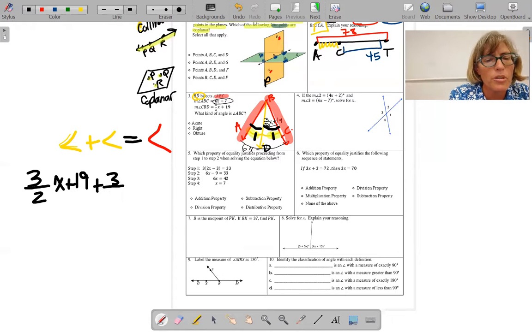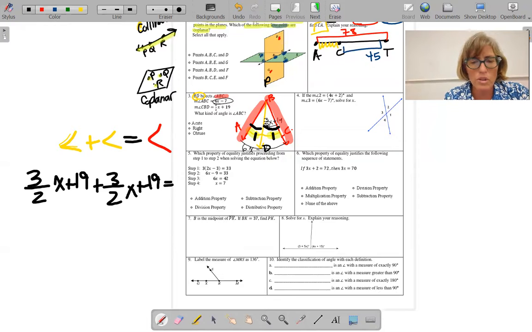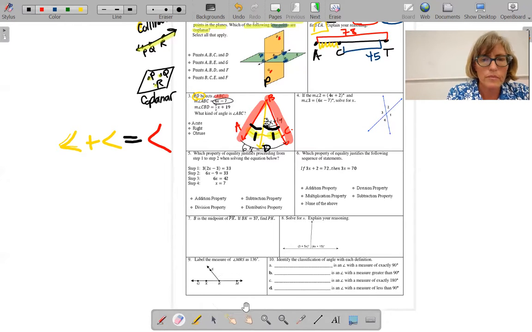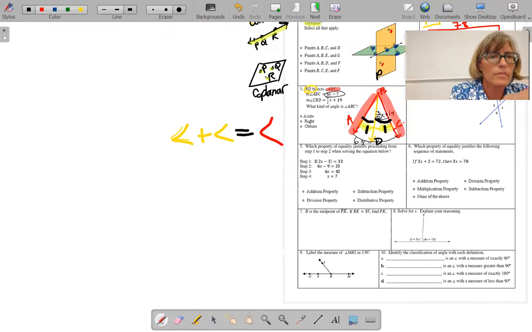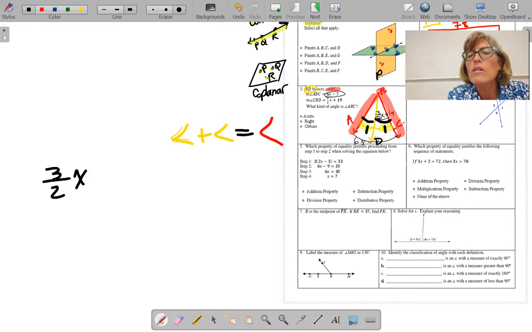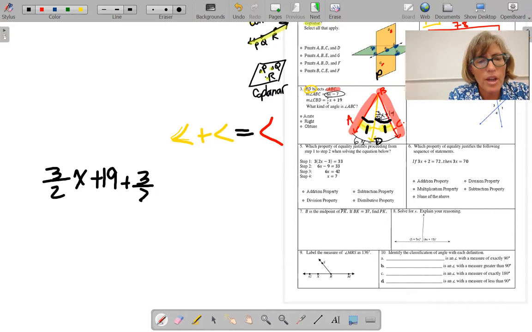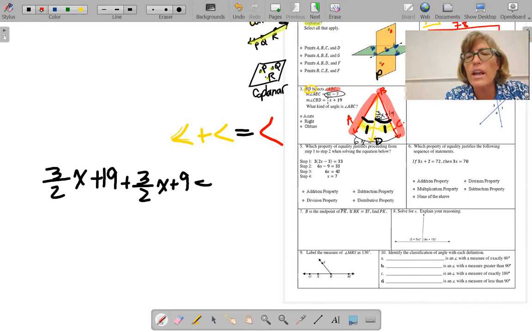So you simply double it. I'm running out of space here, let me move this whole thing over. 3/2 x plus 19 plus 3/2 x plus 19 equals the red angle, which is 6x minus 7.